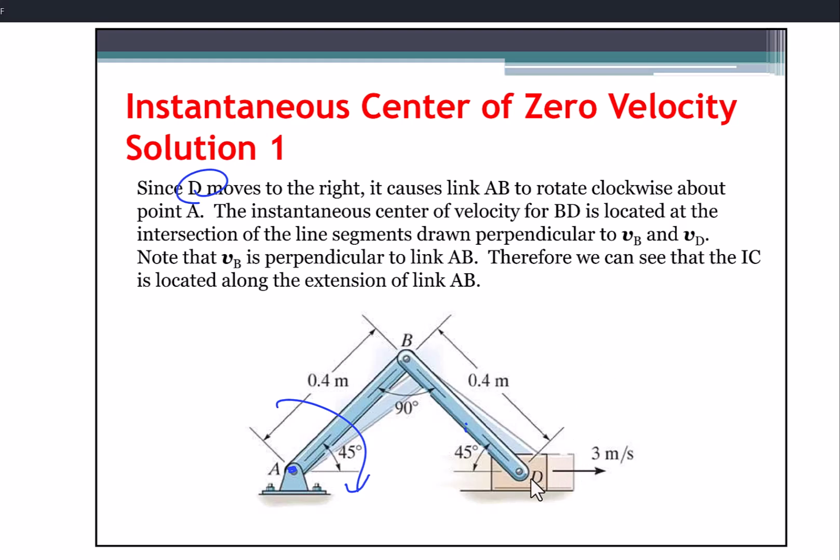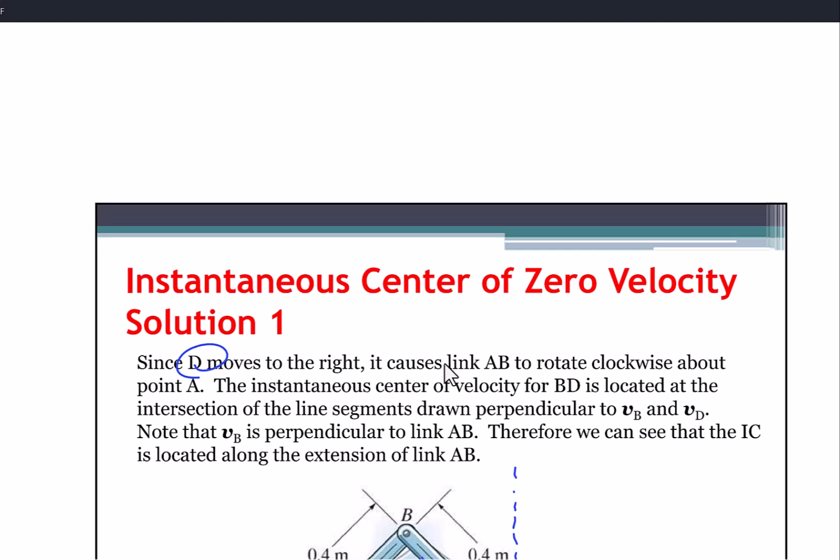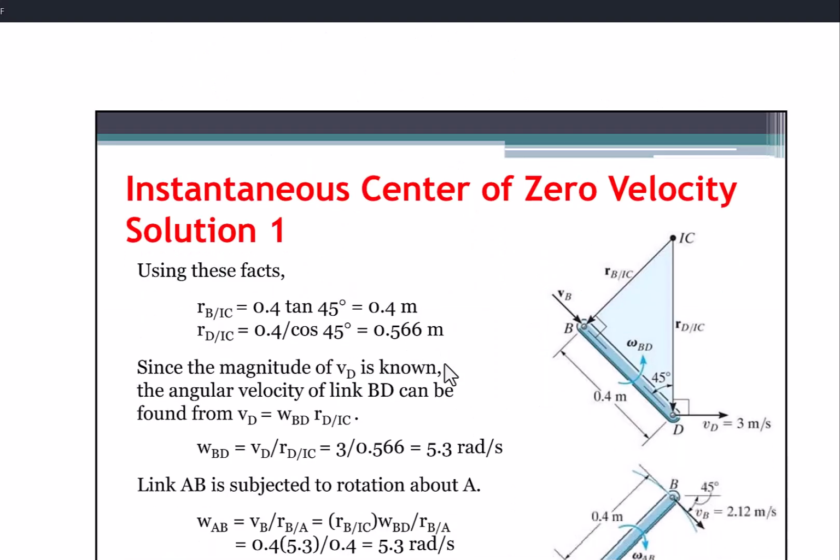So if this is moving like this, you have a line perpendicular to it this way, and B is going this way. I have to draw it this way. So B is going this way, and this is the line perpendicular to it. So finally this is the IC.